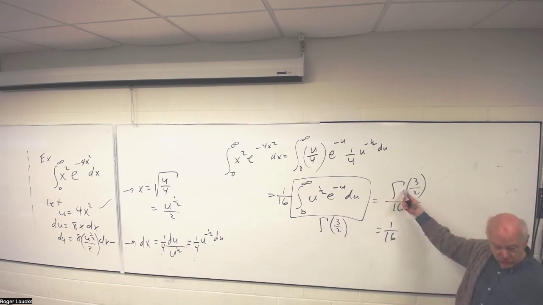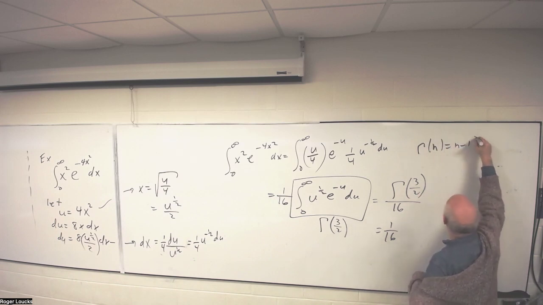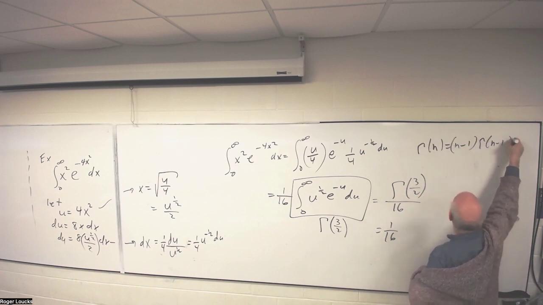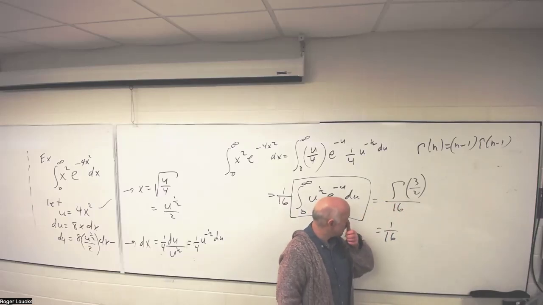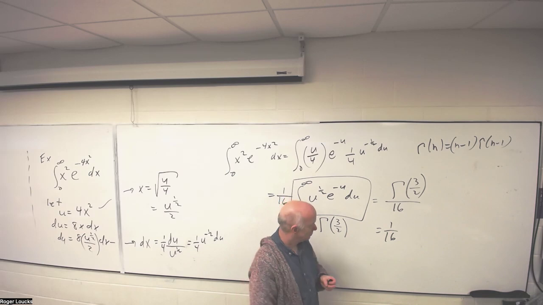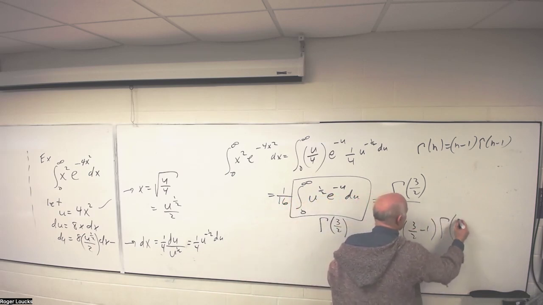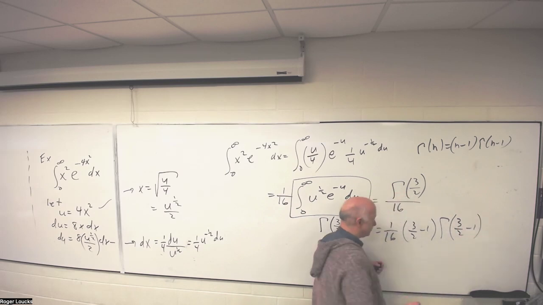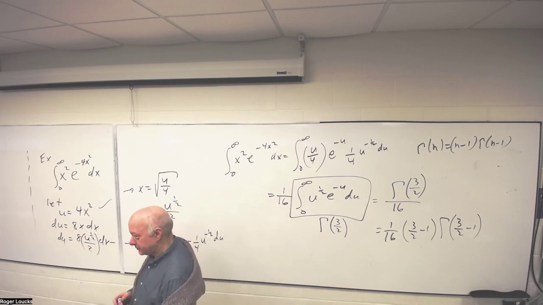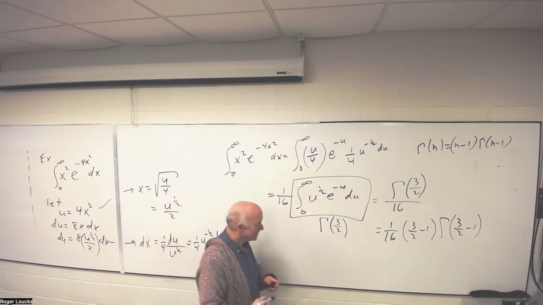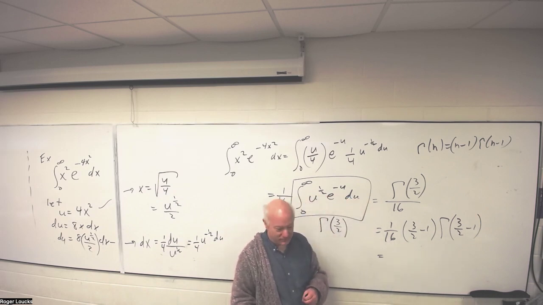From the recursion relationship, remember, we made no restriction on what n was. So what does that have to equal then? Gamma of 3/2 is 3/2 minus 1 times gamma of 3/2 minus 1. Does 3/2 minus 1 have a better name? 1/2.